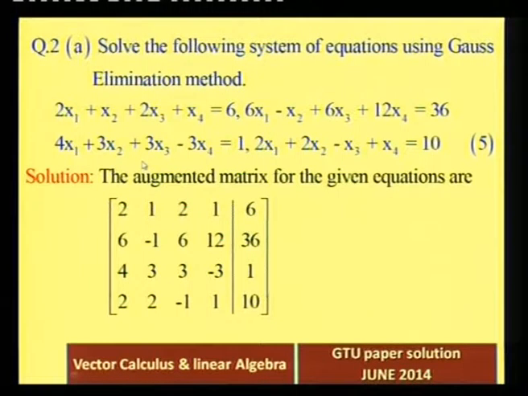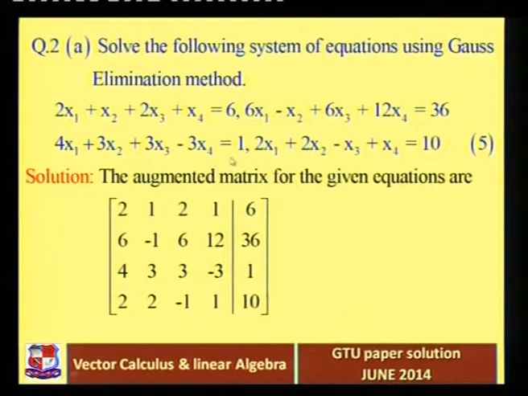First of all, we have to write down the augmented matrix for the given equations. What is the augmented matrix? The first row comes from the first equation. You can see the coefficients of x1, x2, x3, x4 in the first equation are 2 1 2 1.